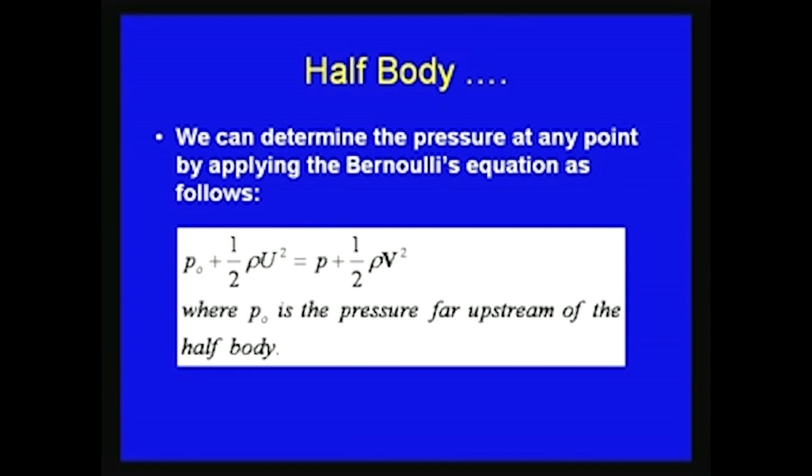From this equation we can get the pressure P at any point. All other parameters are already defined in the earlier discussion. So, to determine the pressure at any point on a half body, we can use Bernoulli's equation as discussed here.